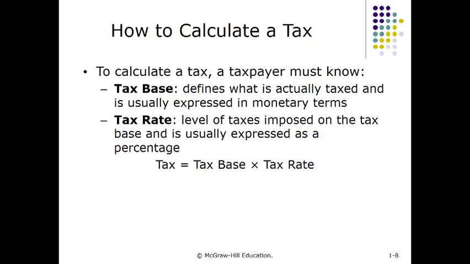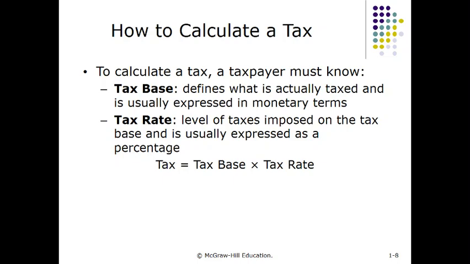All right, so how do you calculate the tax? Well, you take the tax base and multiply it by the tax rate. The rate is usually specified by a percentage of the tax base.